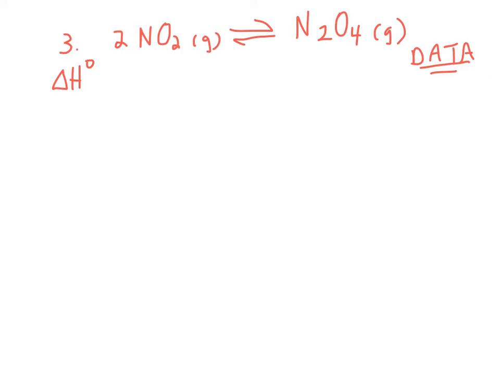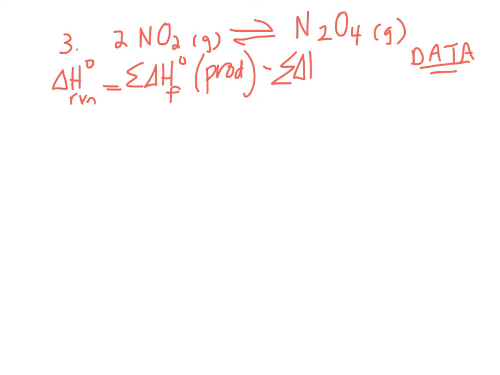H means enthalpy, so the standard enthalpy change for this reaction is going to be the summation of the standard enthalpy of formation of products minus the summation of the delta H standard enthalpy of formation of reactants. So we're going to substitute in all those numbers.